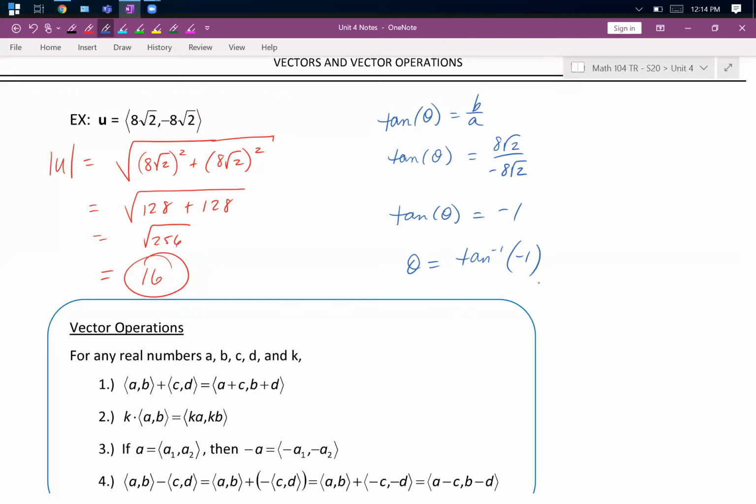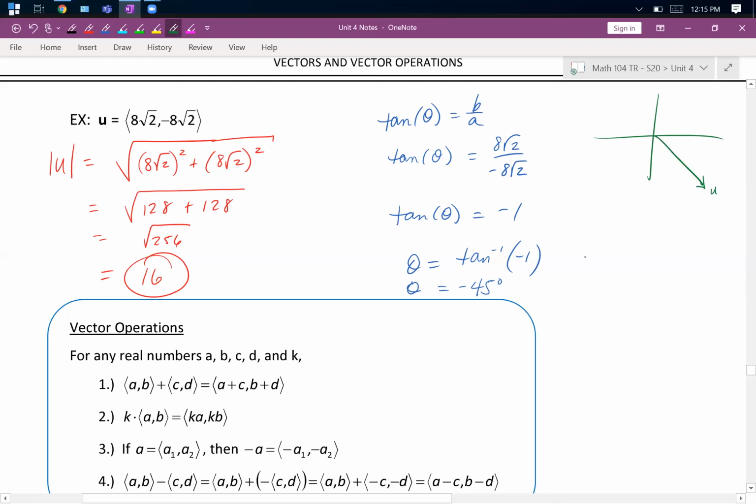We want to pop this in our calculator. Our calculator is going to give us negative 45 degrees. But just like in the last one, we have to picture where this vector is to make sure that we're in the right quadrant. We have a negative x value and a negative y value. That means that our vector u is in quadrant number 3.